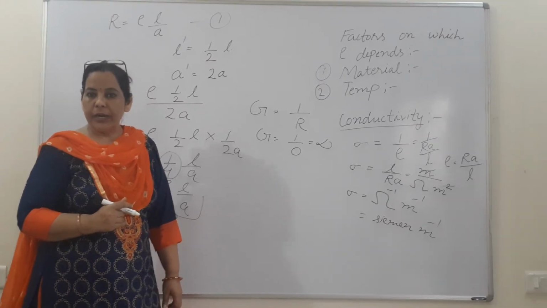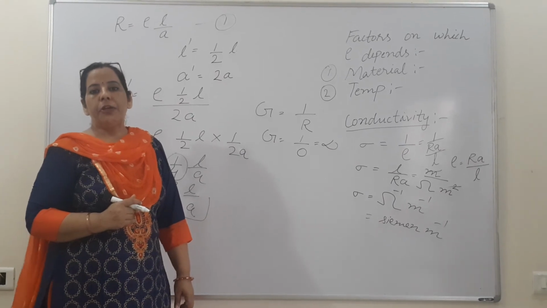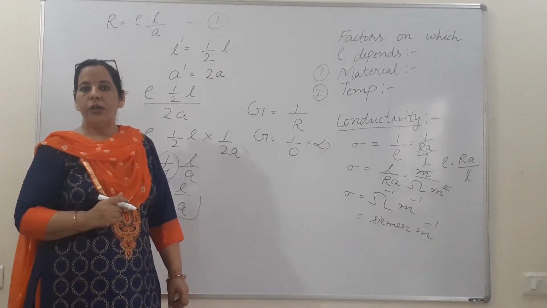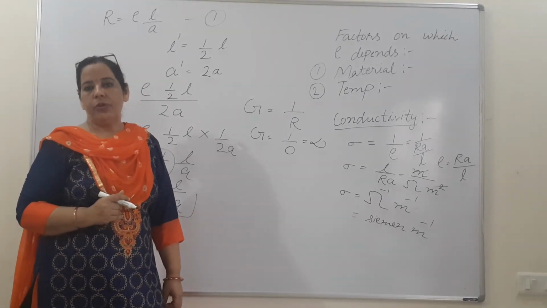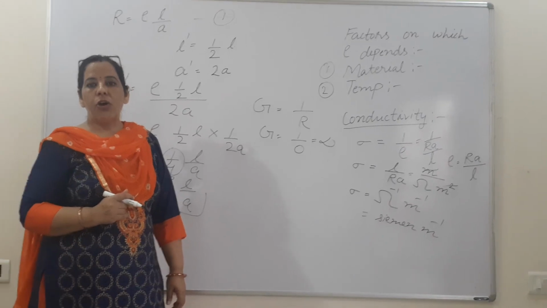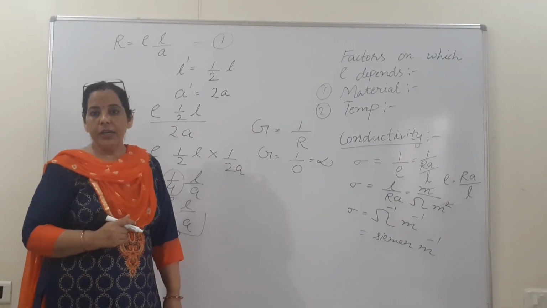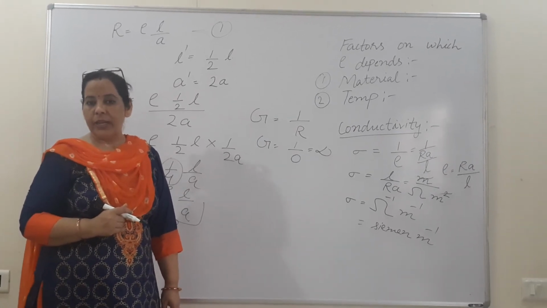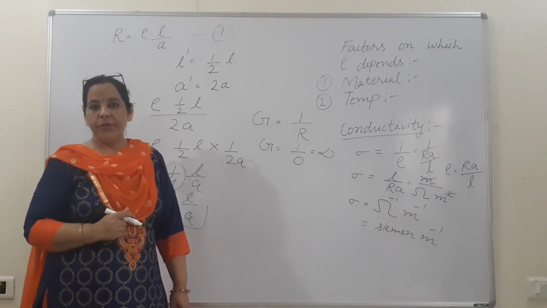But for superconductors, once current starts flowing, it will continue to flow whether voltage is there or not. But commonly superconductors are not used because that much low temperature is not possible. Otherwise, economically it will be possible. Economically we can save so much.